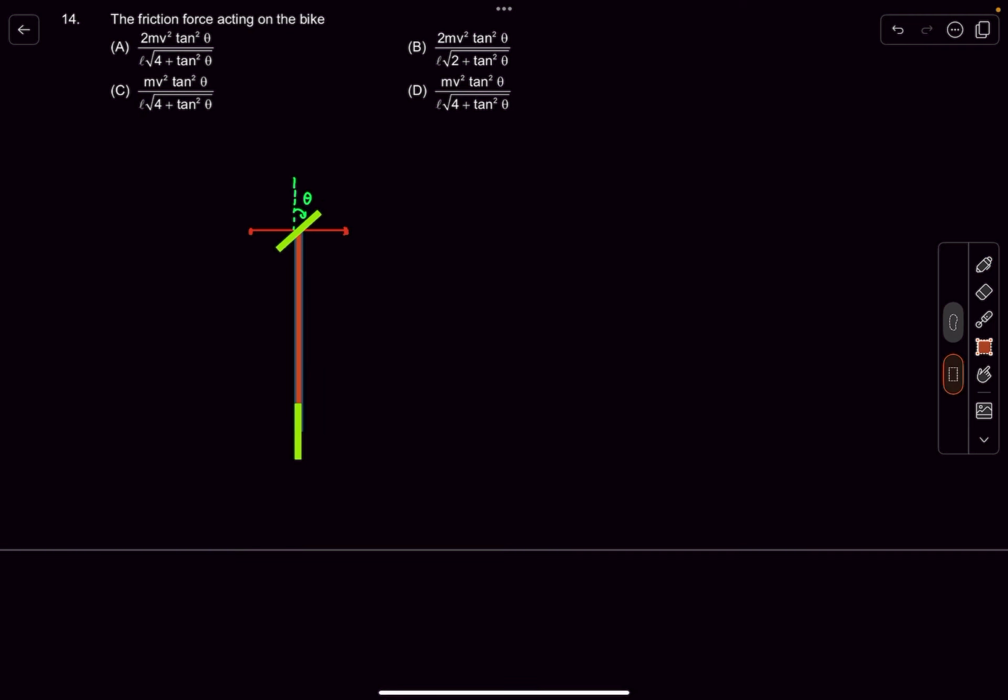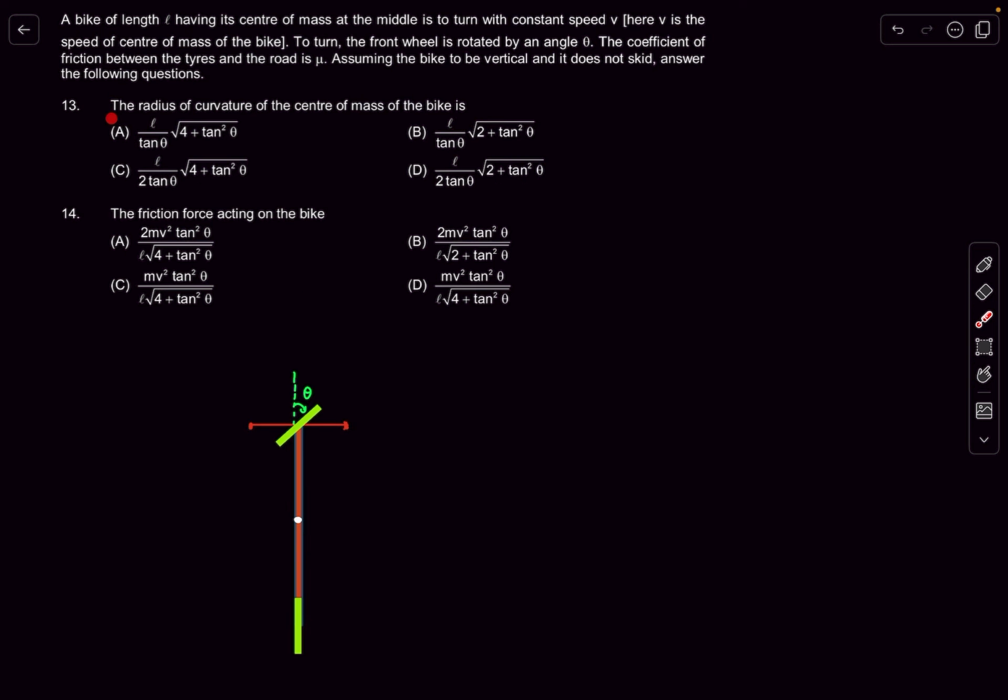The center of mass of the frame is at the middle, which means it's at an equal distance of L by 2 from both of the tires' centers. In the question we have to figure out the radius of curvature of the center of mass of the bike and the net friction force acting on the bike.